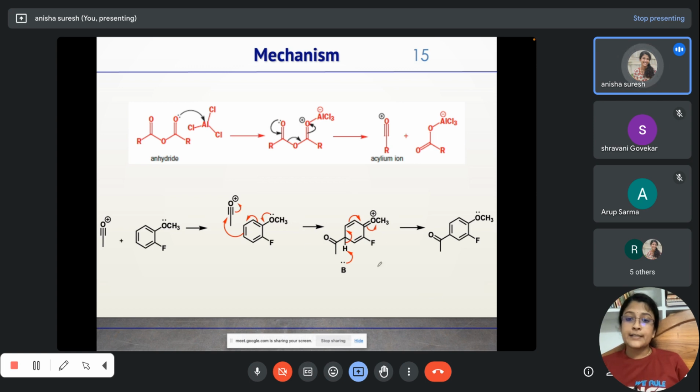So here this is the intermediate that is formed. So here the aromaticity of the benzene ring is lost. So here a base that will be present in the system will be abstracting this proton and the aromaticity is regained by neutralizing the positive charge on this oxygen. So we will get this product where the acyl group is coming at para position with respect to this OCH3.